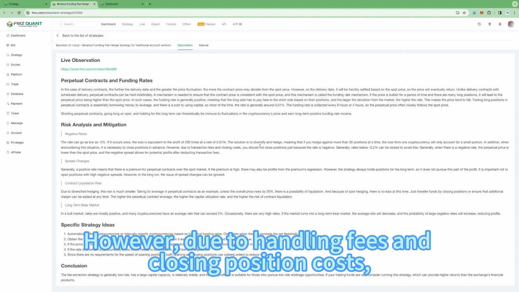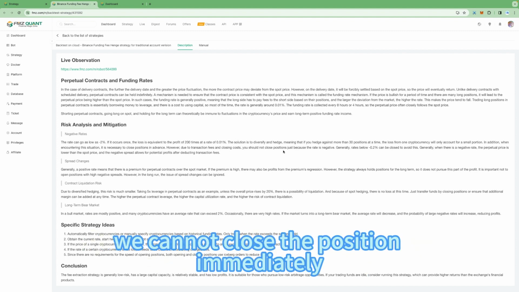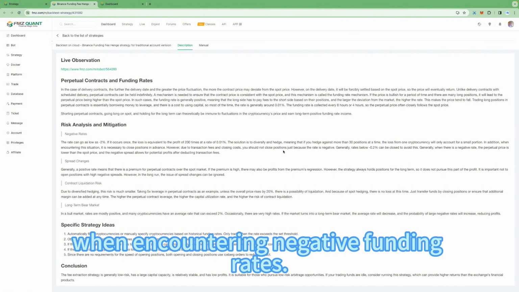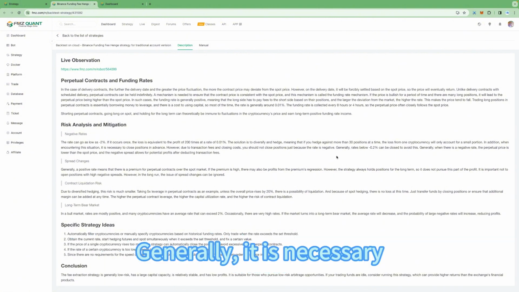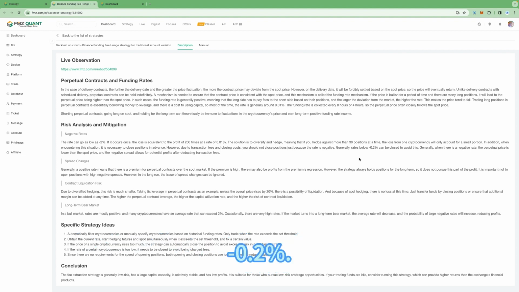However, due to handling fees and closing position costs, we cannot close the position immediately when encountering negative funding rates. Generally, it is necessary to close the position at a funding rate below minus 0.2%.